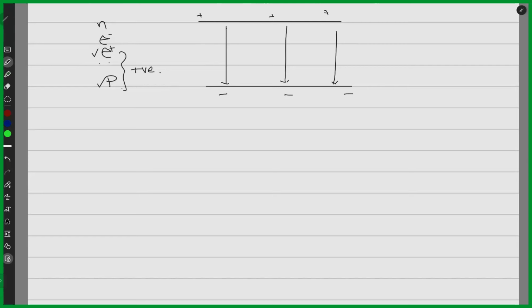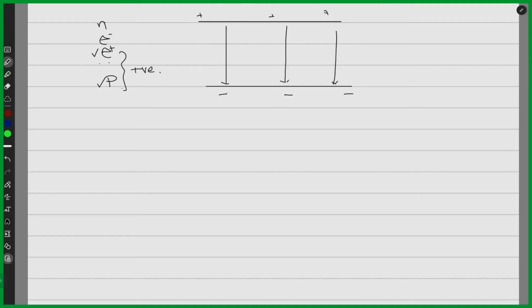But there is one difference between the two. A proton is heavier than an anti-electron. An anti-electron is just an electron, but with a positive charge instead of a negative charge. And the mass of the electron is very small compared to the mass of the proton.